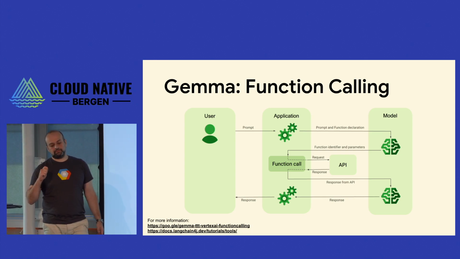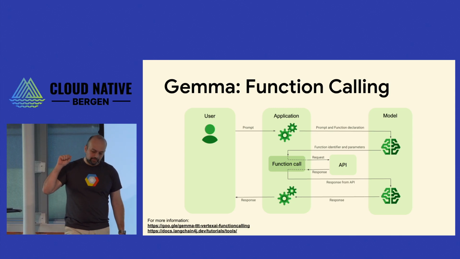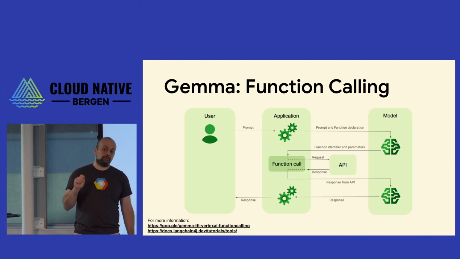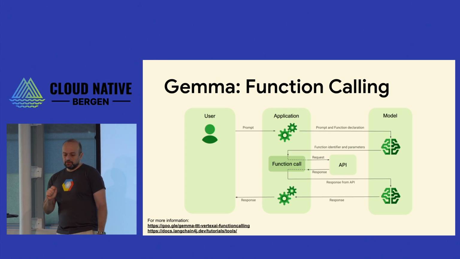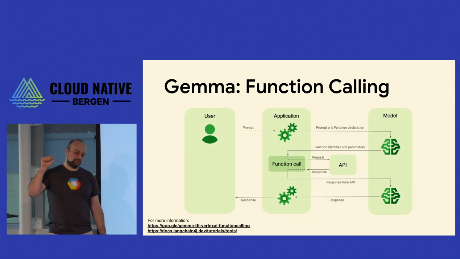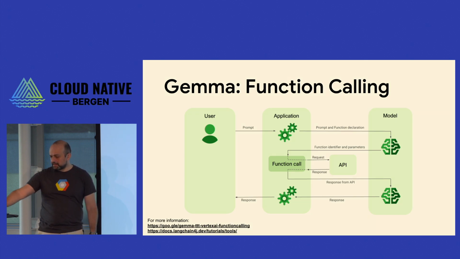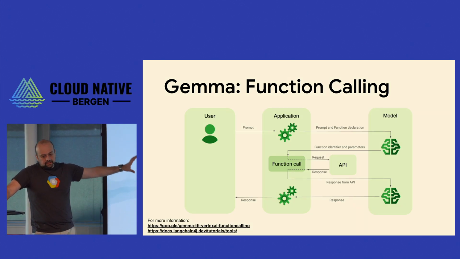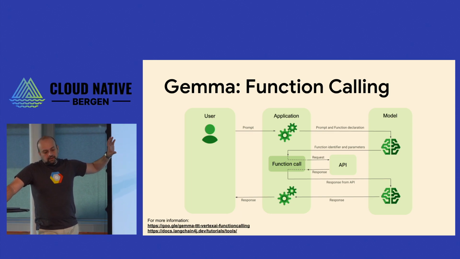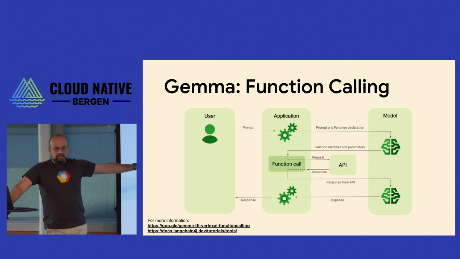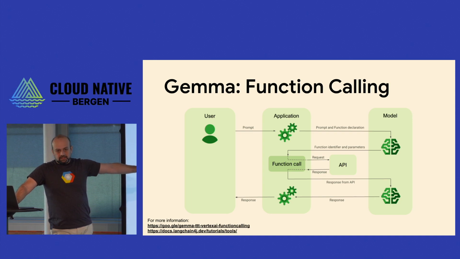You can also turn on grounding, for example, grounding for search, grounding for your own data. So you can provide your own data sources and say, hey, I want it to be grounded against that. So function calling is a very nice thing, because now you can call repeatable functions that give you the same results, and testable functions as well, inside your models.